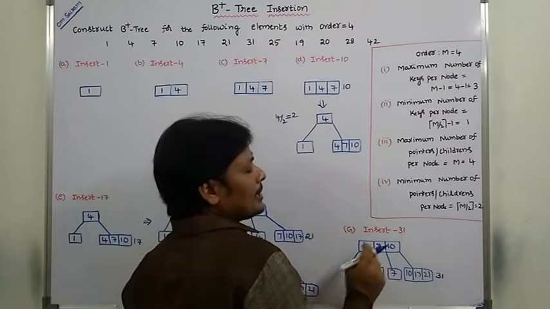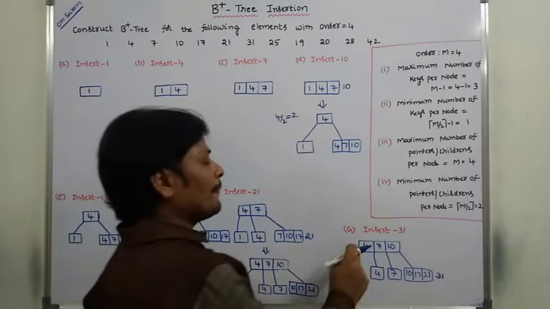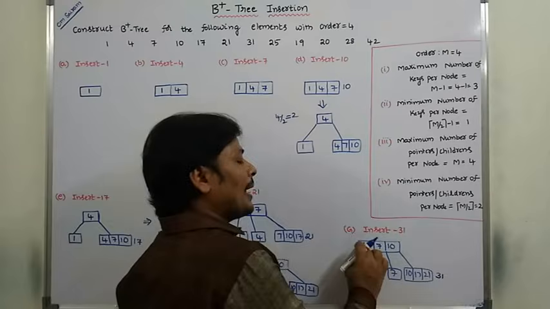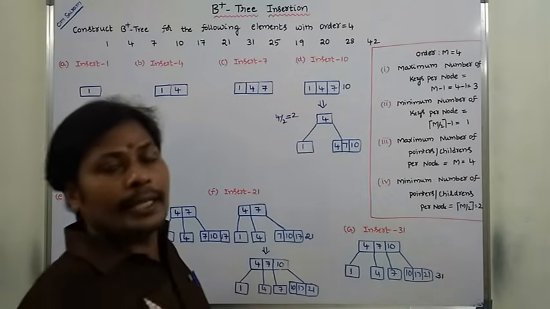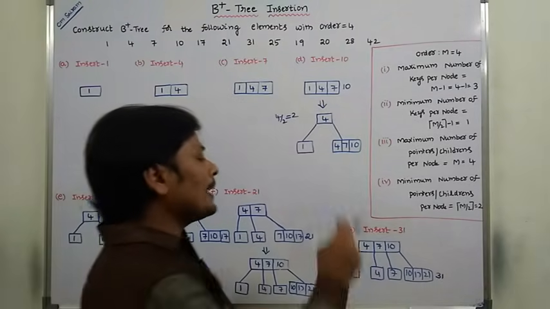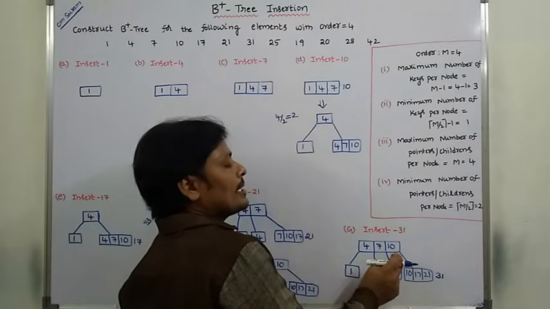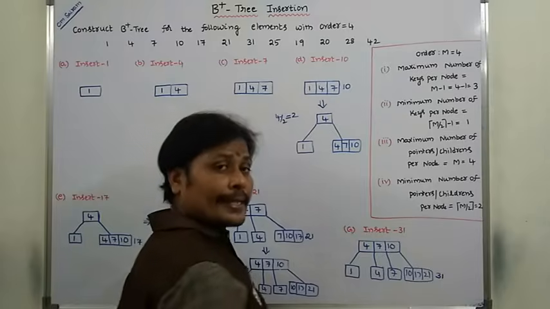The elements are 4, 7, 10, and 17. Again 4 elements are there, and the middle element is 7. Now 7 can be the root node. 7's left child is 4, and 7's right child is 10 and 17.